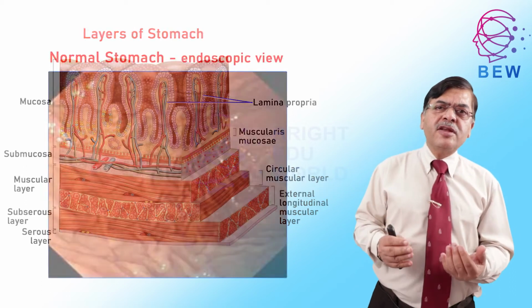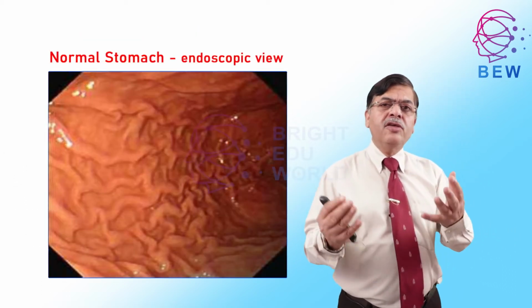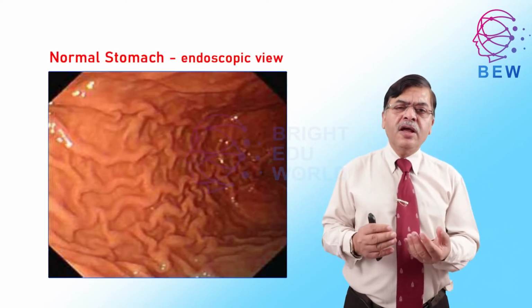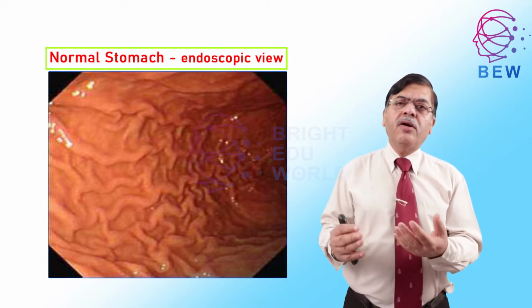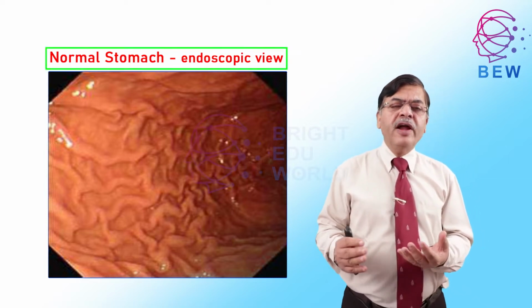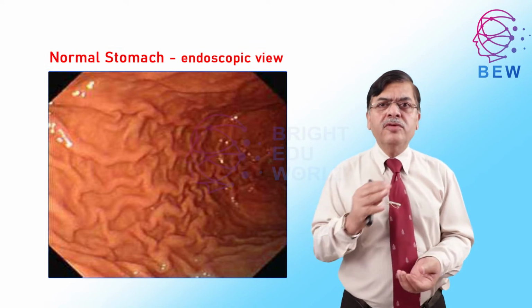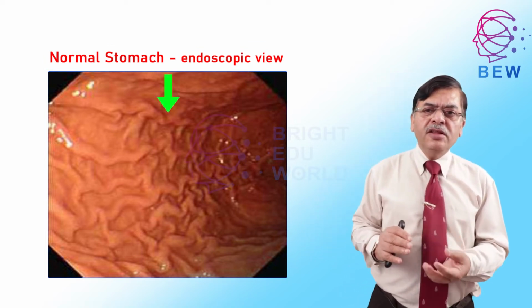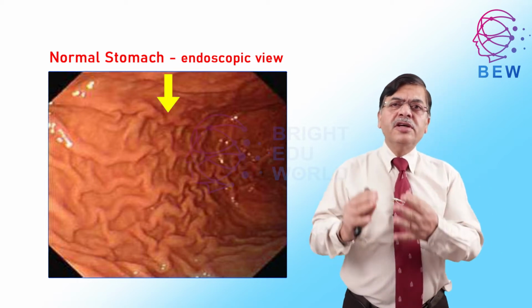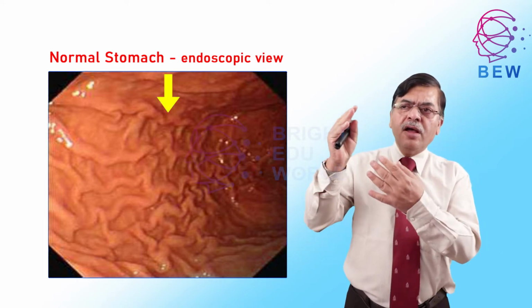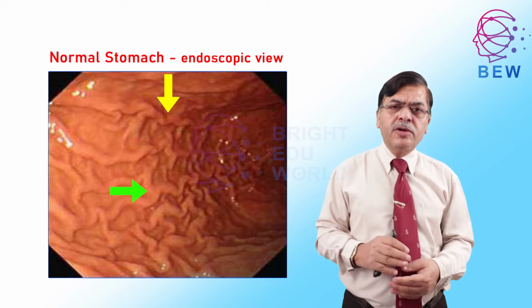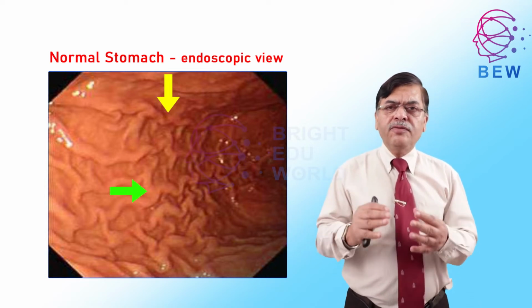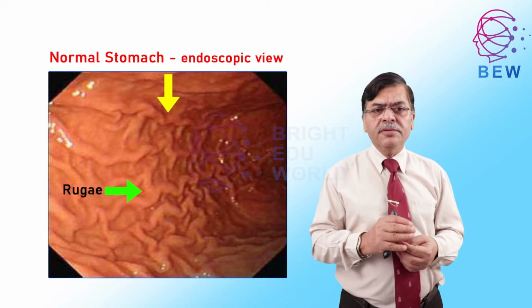If you look at the stomach from inside, during endoscopy or during surgery, you will find that the innermost mucosal layer is thrown into multiple folds. These folds are generally longitudinal, running from above downwards towards the pylorus, and are called rugae.